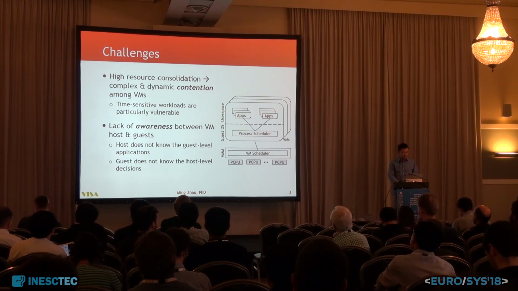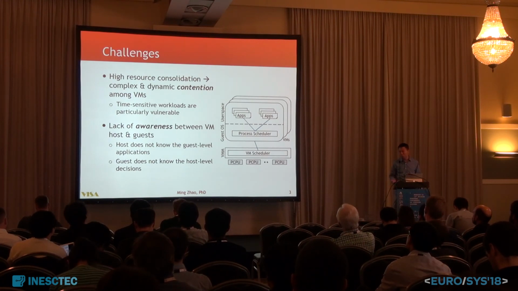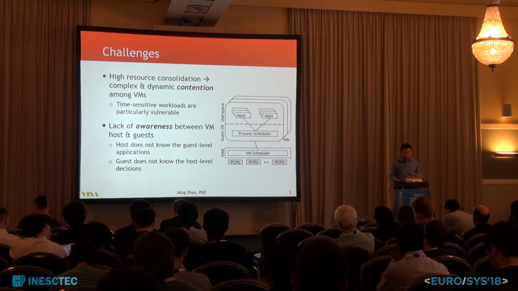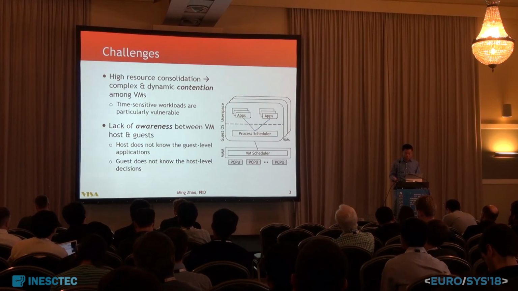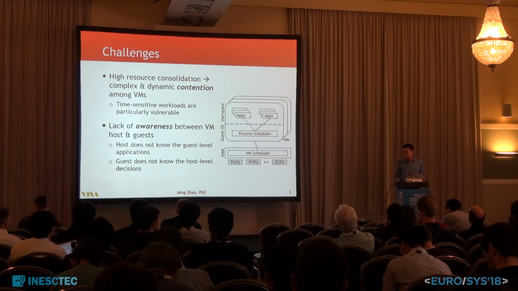We believe that the main challenge to supporting these types of applications in the cloud is that the success of cloud is based on resource consolidation, high resource consolidation. Because of the high degree of consolidation, there's complex and dynamic contention among the virtual machines. And time-sensitive workloads are unfortunately particularly vulnerable to this contention.